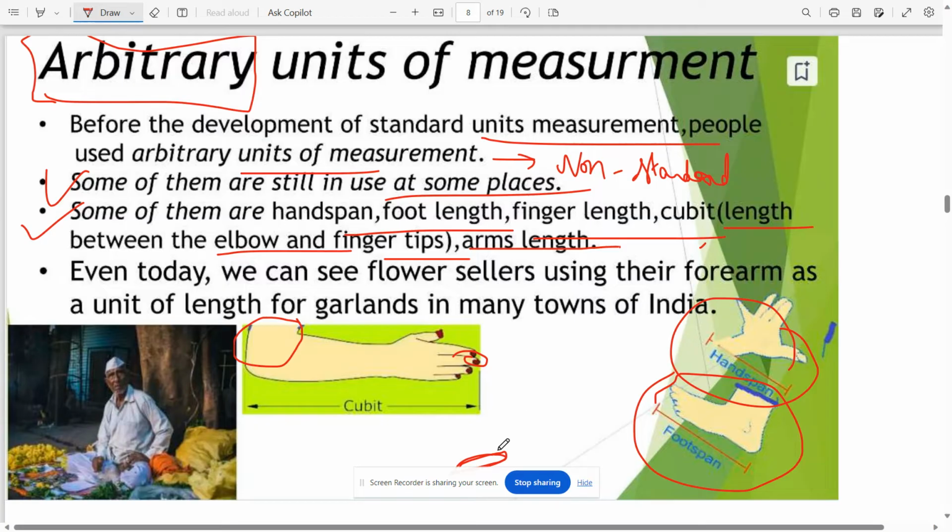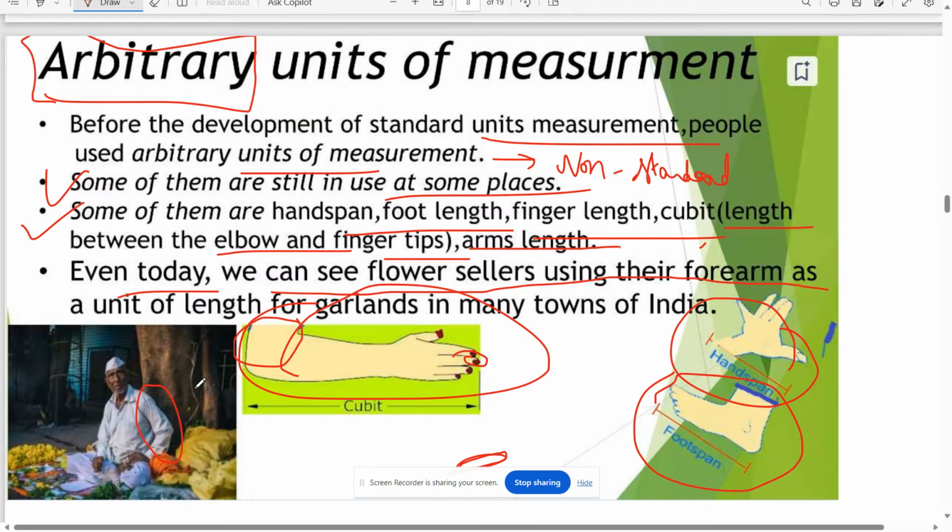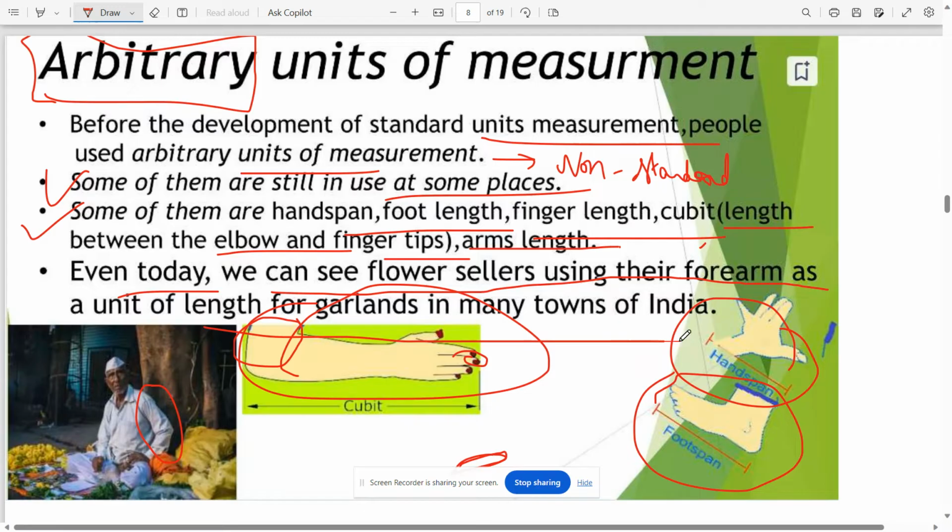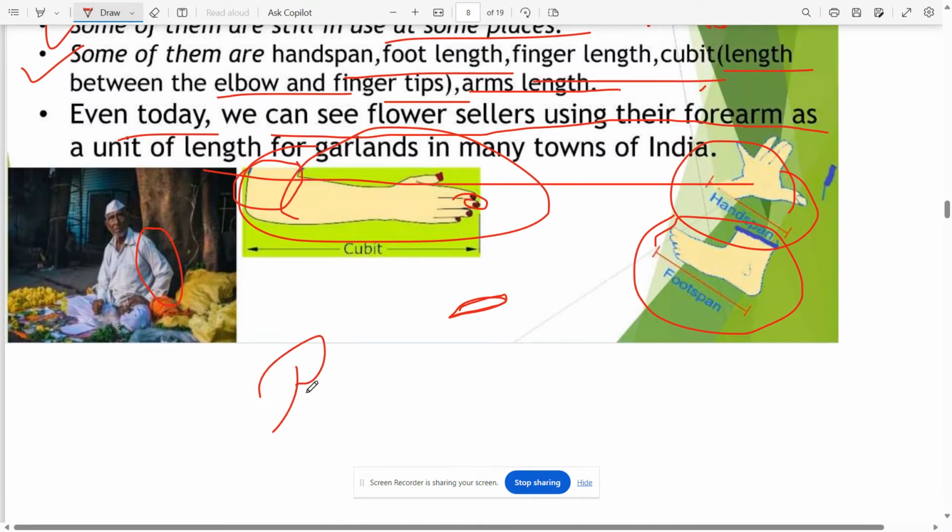Arm's length, the whole arm's length. Even today, we can see flower sellers using their forearm as a unit for garlands in many towns of India. Now, what was the problem with it?